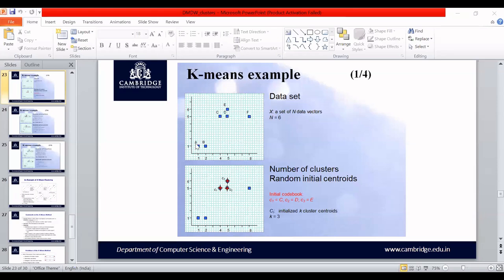Given the data points, represent A, B, C, D, E, F by their respective coordinates. Once you know the coordinates, you have randomly taken C1, C2, C3 as your initial centroids. What we are trying to do is classify or partition all the data points into 3 clusters because the value of K is 3. Try to solve.